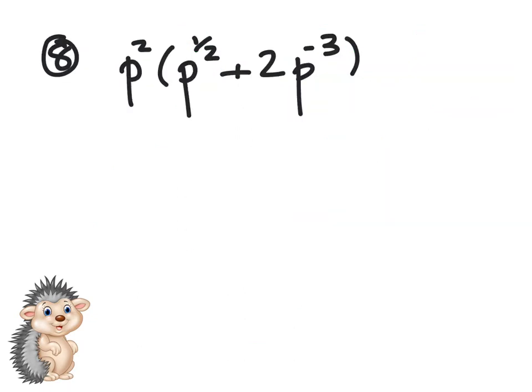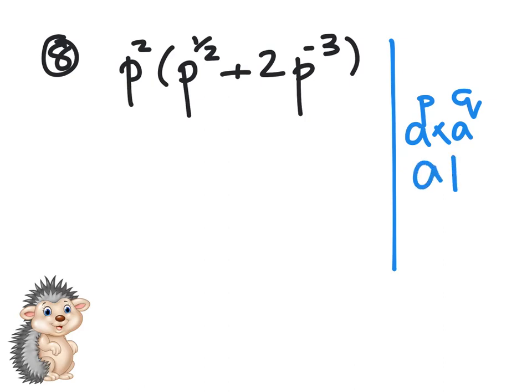And then lastly, question 8. We're going to make use of the fact that a to the power p times a to the power q is a to the power p plus q.